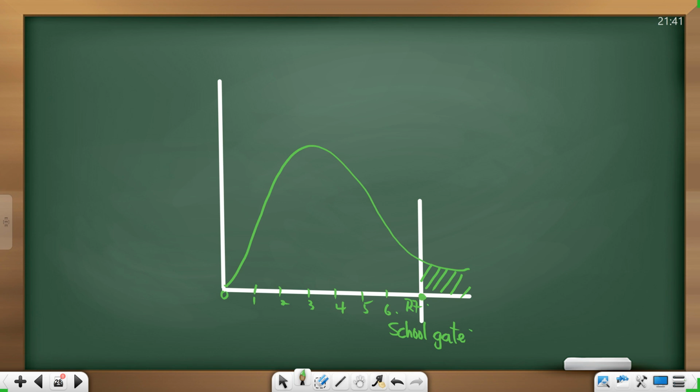Remember, only people that have above 7 rand can go out. What do you notice? People who had 5 will now be able to go out. But people who have 1 still will not be able to go out. But the number of people in school now will be less, while the number of people out would be more, out of school.